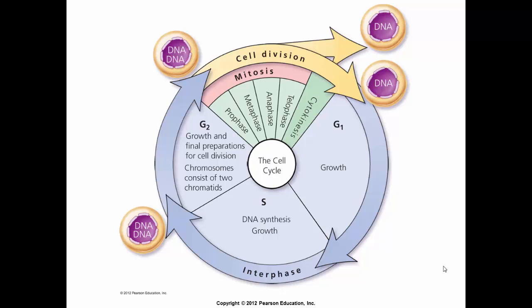Each of the phases of interphase, G1, S, and G2, consists of cell growth and is characterized by the production of organelles and the synthesis of proteins and other macromolecules the replicated cell will need, and during S phase is when the DNA will be replicated.